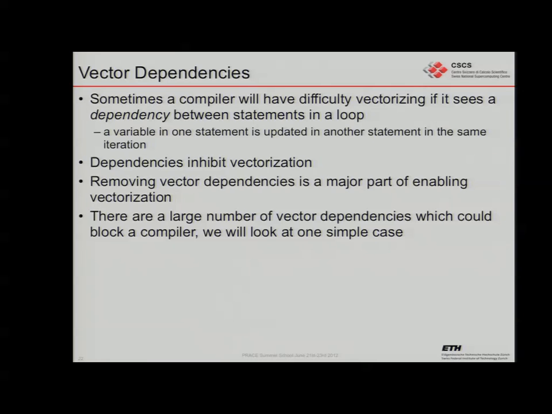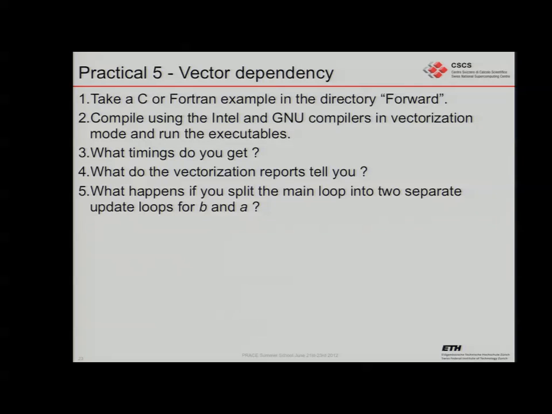So there are a large number of these dependencies that could block the compiler. We don't have time, as I said, this is a short course, to look at anything really more than one. So we look at one, vector dependency, and again, see whether we can get out of this or not, and see whether there's a difference between different compilers with a vector dependency. So the last of these little practical sessions for the morning is there's another directory, this time forward, for forward dependency.